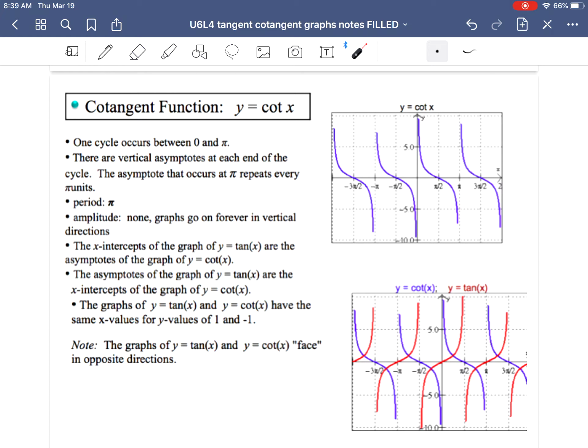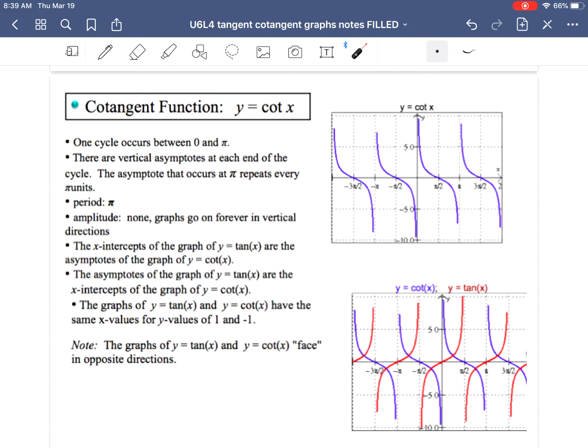So we're talking about tangent. Well, we know that we've got a reciprocal trig function called cotangent that's very related to tangent. Here's its graph. A couple things to notice is it's decreasing always. Tangent, this red graph here, is always increasing.